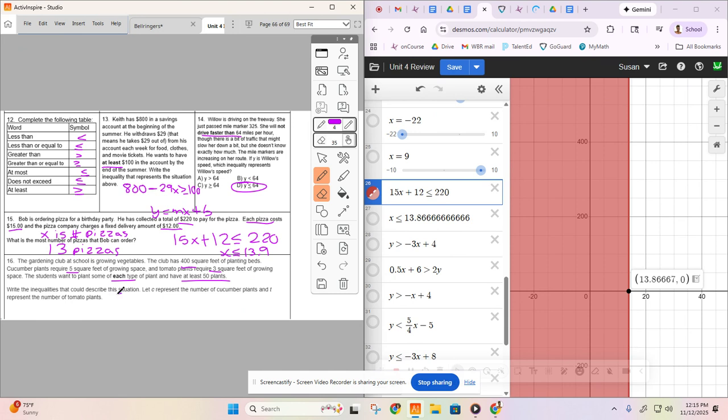Each cucumber is 5, so 5 times C, plus each tomato is 3 times T, and this amount has to be less than or equal to 400. I can't have more than 400 square feet. The second one is talking about the number of plants. The number of cucumber plants plus tomato plants has to be at least 50, so that means it can be greater than or equal to 50.